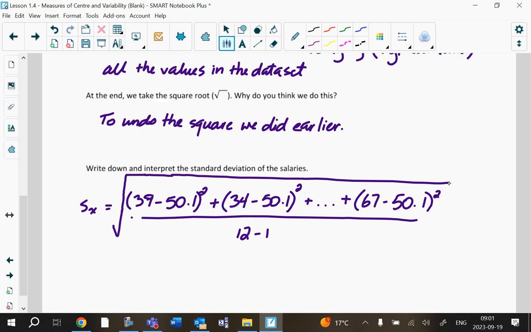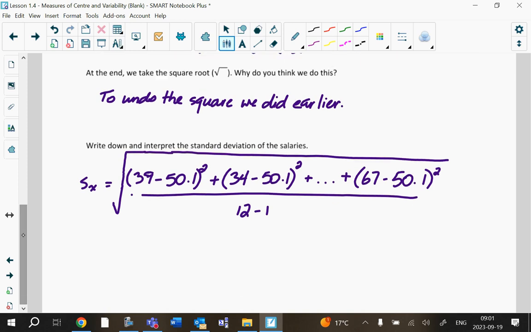And if you did all this on your calculator, you would end up with 43.61. And remember, we've got to go to units, and it's a salary in thousands. So it's $43,610. So what does that mean?